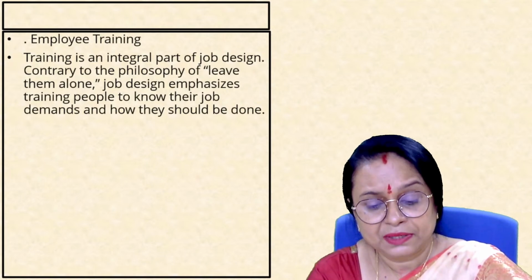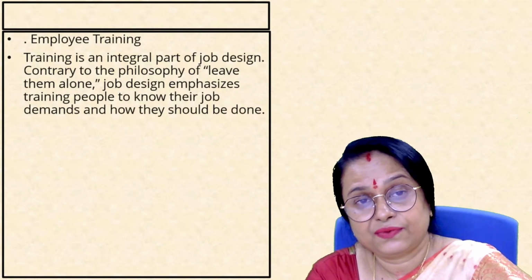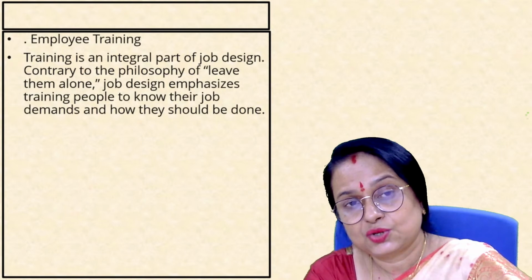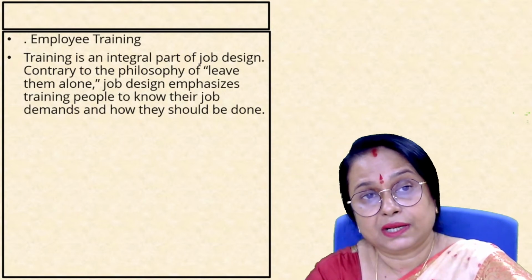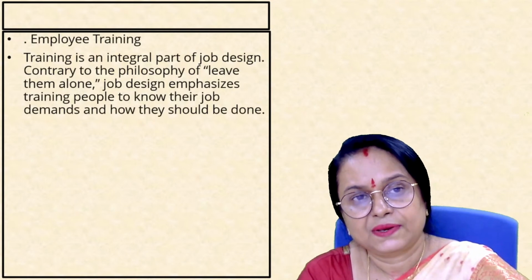But now, the job design is done in such a way where the employees have every scope to develop. So, who is taking care of this? Employee training is taken care of by the organization itself.